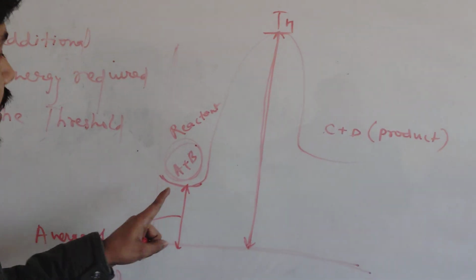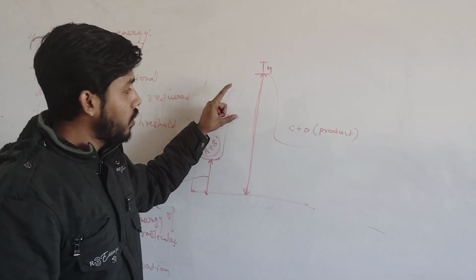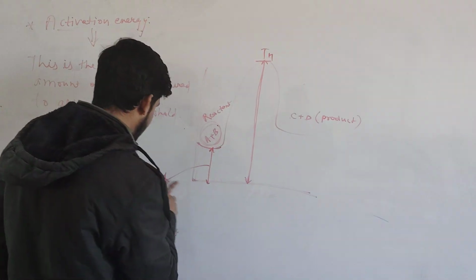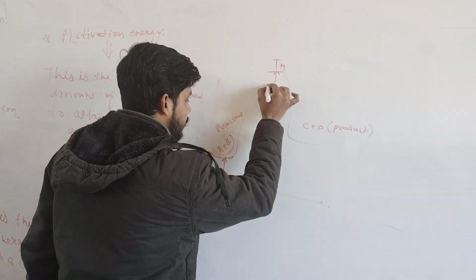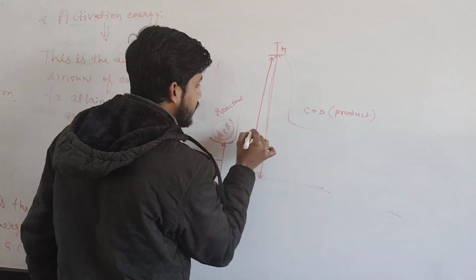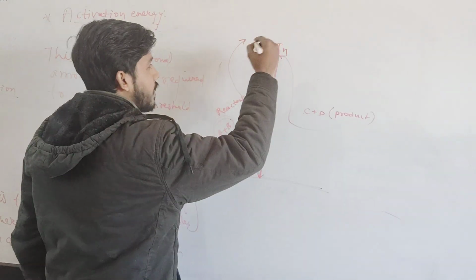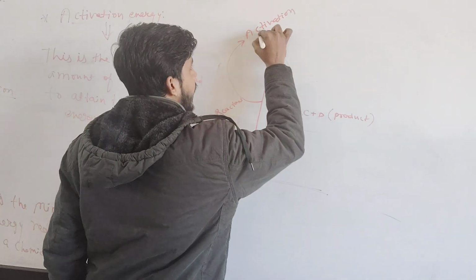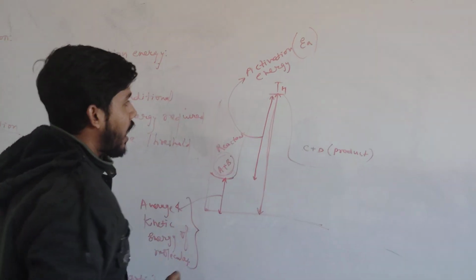A reactant must possess the minimum threshold energy to form products C and D. And this is the additional amount of energy that we give the molecule to attain the threshold energy, that is the activation energy.